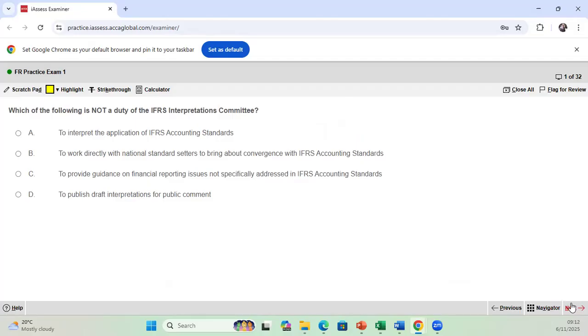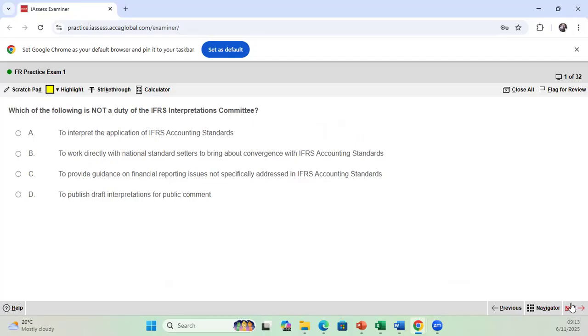So what is the purpose of the judge? The judge is there to interpret, to see whether what this person did is an offence or not. The same goes with our standards. The one that sets the standards is the IASB, but the one who interprets the standards is the interpretations committee. Its purpose is to shed more light on what the standard is saying.